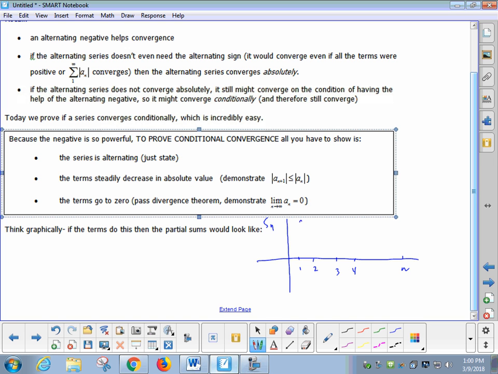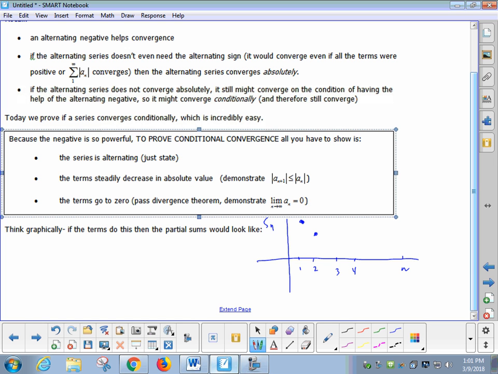Now, if it were alternating, then after that first positive number, the second term would be negative, and therefore overall decrease the partial sums. I'd get a partial sum that was less than the first term's. Now in terms of the gap I just created, the sums went down here because that second term was negative.